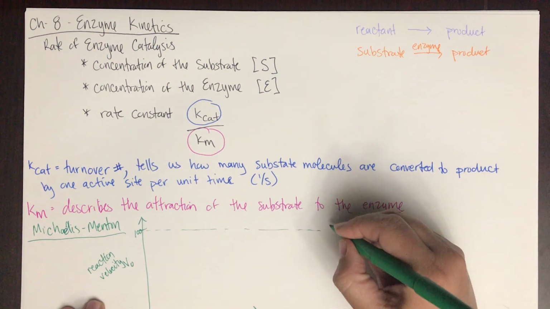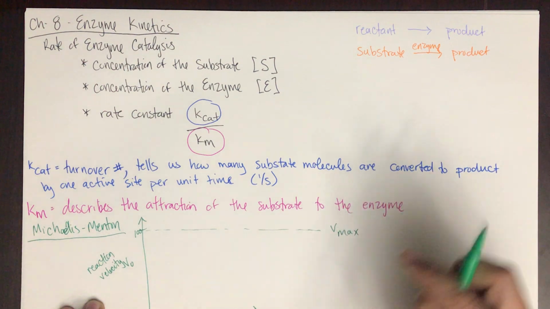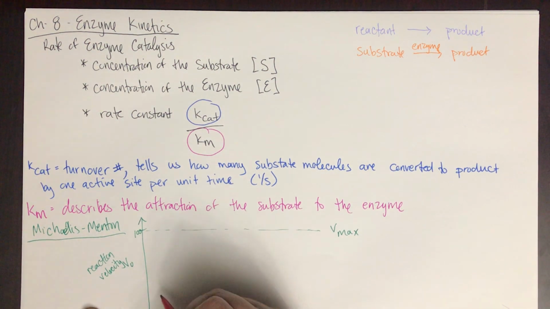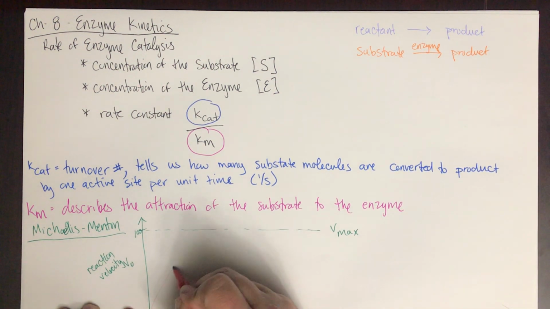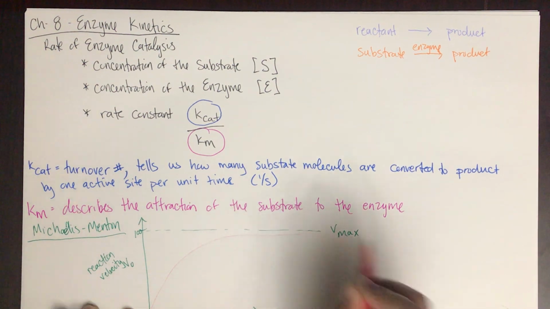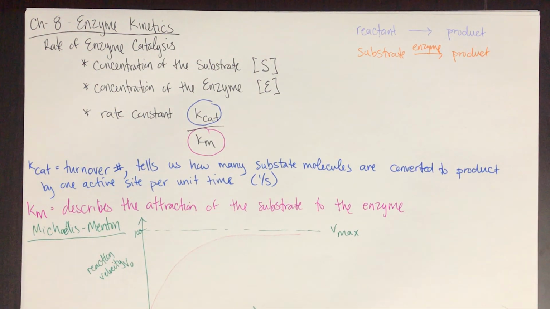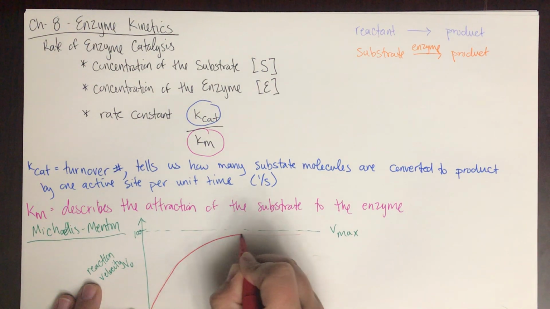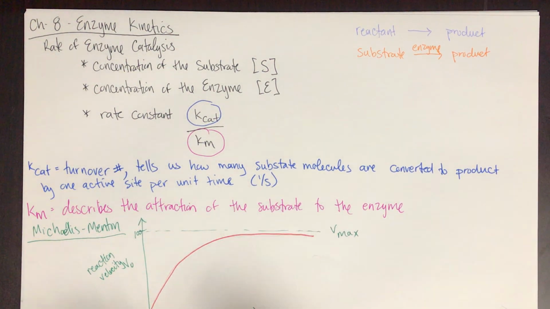We would call this the Vmax, the maximum velocity of this reaction, of this enzyme. So this is specific to every enzyme. Every enzyme has its own Vmax. So the graph is always going to look something like this. Something like that.